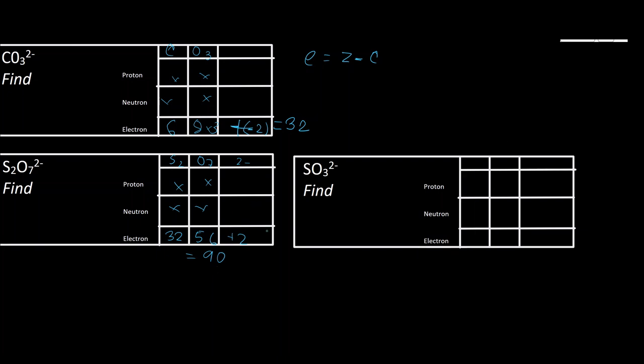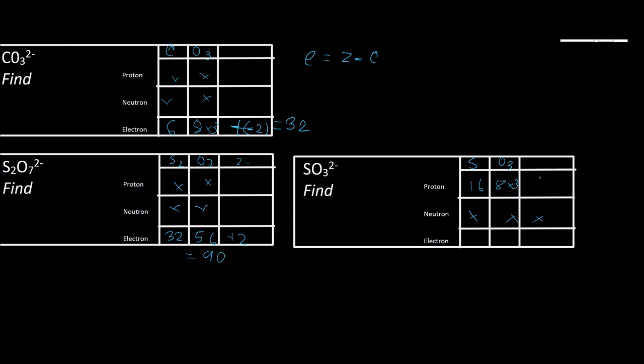Here we will find the number of protons, and also the electrons, so we really know what's happening here. So we have S, we have O3. So what is the number for sulfur here? For protons, it is 16. What about oxygen? It's 8 into 3.